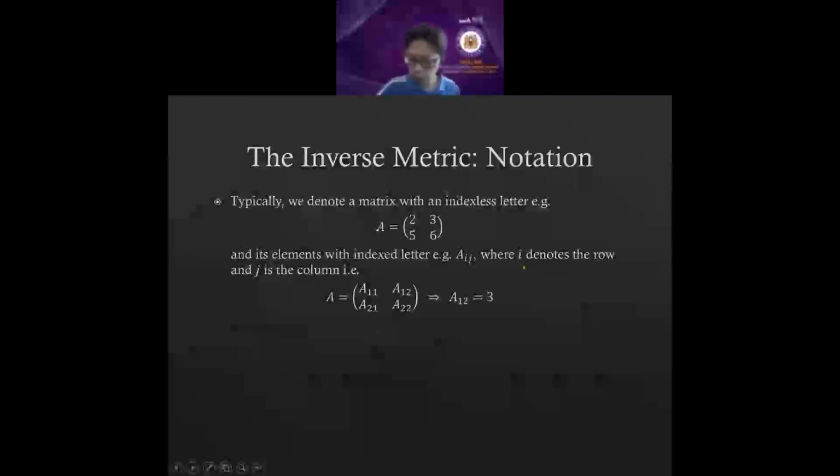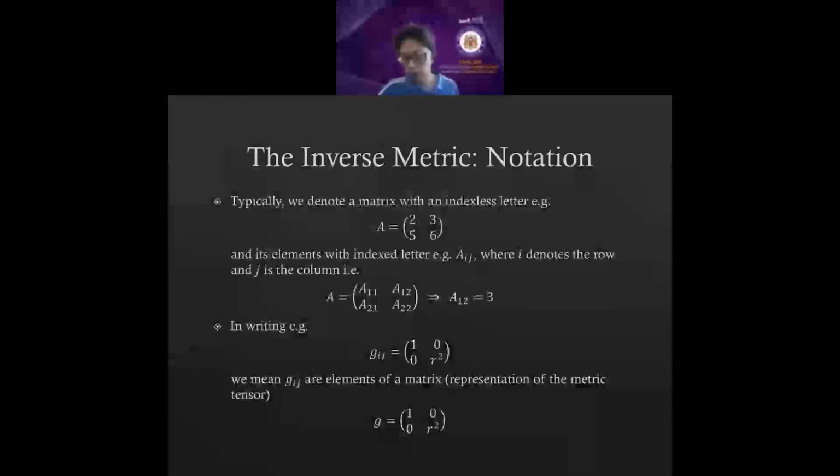Now, from this, if you notice, today when I introduce the metric, I write it in this way. So this is actually a bit of an abuse of notation, just because here it is as if I am writing that the element is equal to the whole metric, which doesn't really make sense.